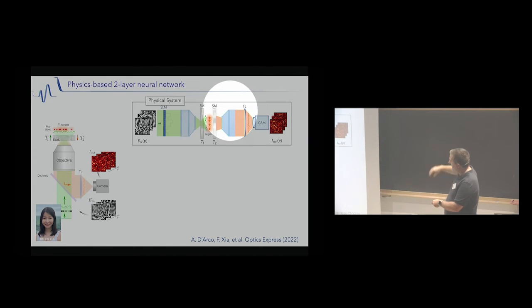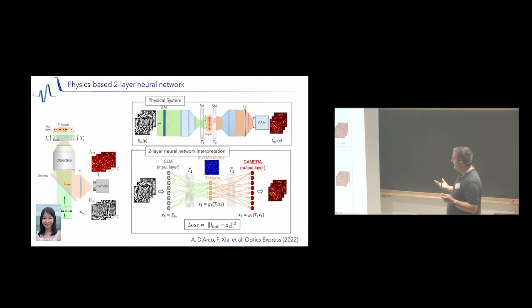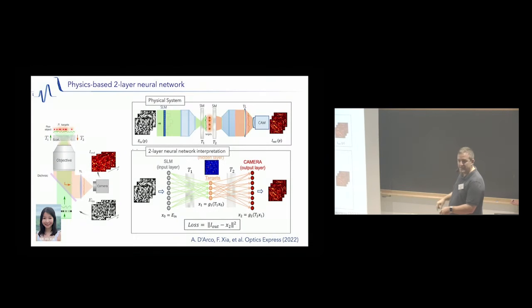But now it's going from left to right, and it will go to the camera. And now what you can do is mimic that as a two-layer neural network. You can make an analogy, some kind of model, and say, okay, now this system is basically a two-layer neural network where my first layer is the first transmission matrix with complex coefficients. Then my hidden layer is basically my targets.